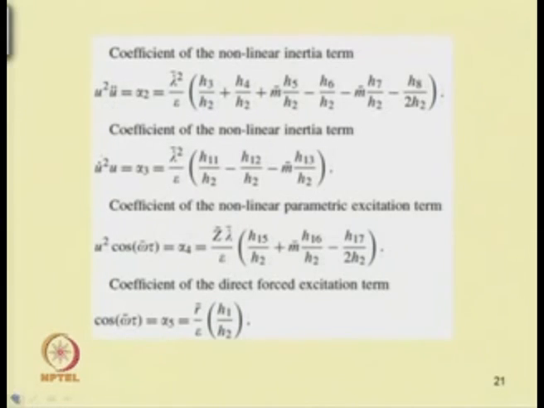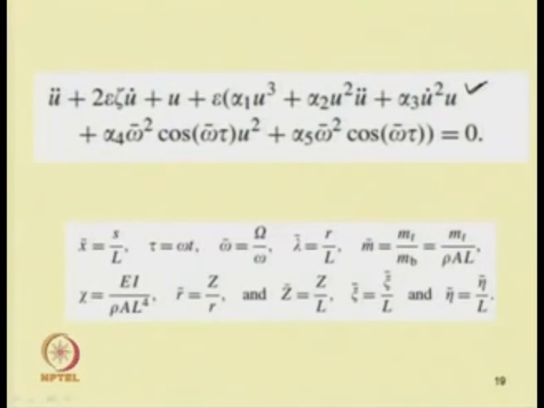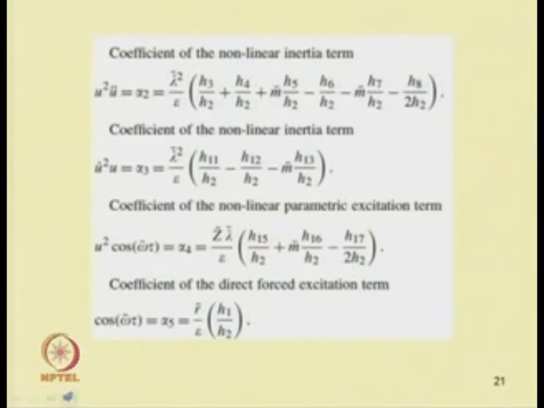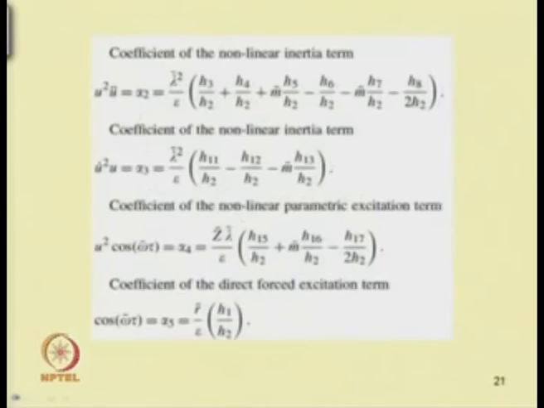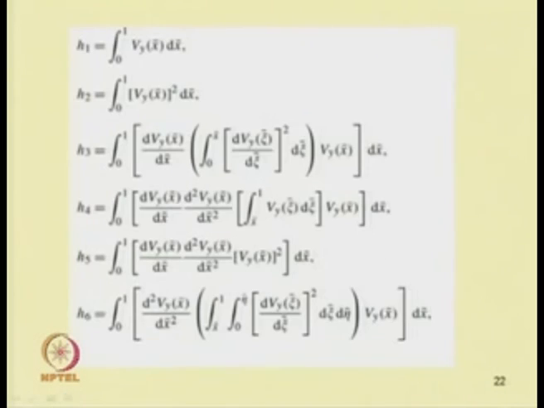For example, in this case one has the linear term u double dot. So, this is the linear term, this is another linear term, but all these terms are nonlinear terms. So, the coefficient of the nonlinear terms can be obtained from these expressions, where one can find the coefficients alpha 1, alpha 2, alpha 3 by integrating these terms.